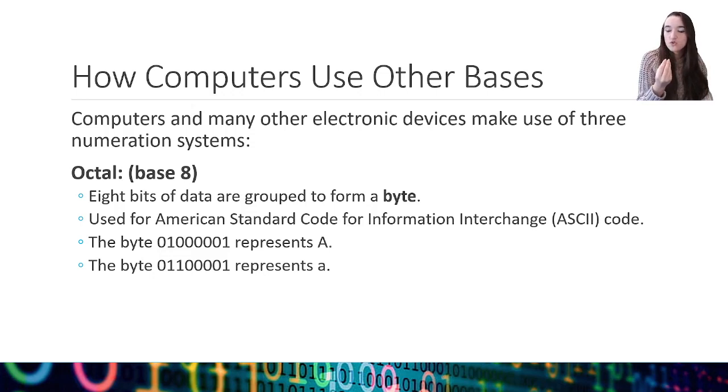The ASCII code allows us to represent letters and symbols using a specific 8-digit code that gets transferred between computers so that every computer knows this represents the letter A, even if it's in whatever crazy font we want it to be in. It's the letter A no matter what.